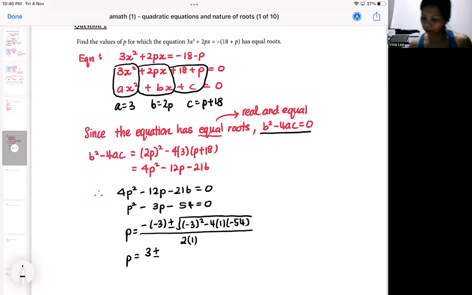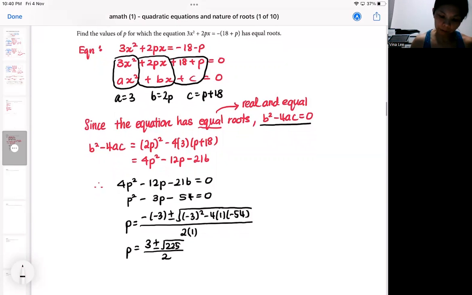The solving is the same. In this case, I still have 2 answers. I managed to find 2 answers for p, knowing that the equation has equal roots, because knowing that the equation has equal roots means that the discriminant is equal to 0.